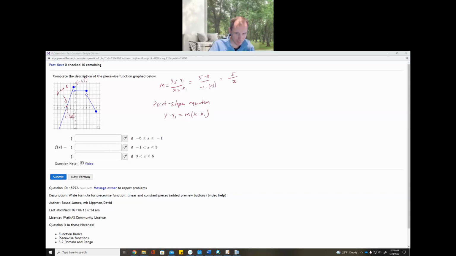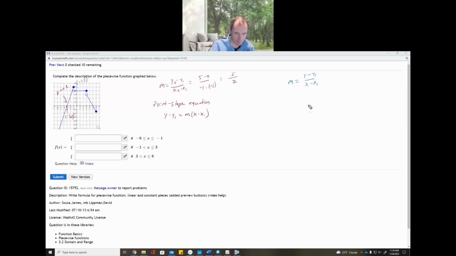Since we're reviewing, it's helpful to form connections. My slope formula says the slope is y2 minus y1 over x2 minus x1, but the slope is the same between any 2 points on the line. So if I call any point on the line x comma y, I could think of my x2, y2 as just x comma y.